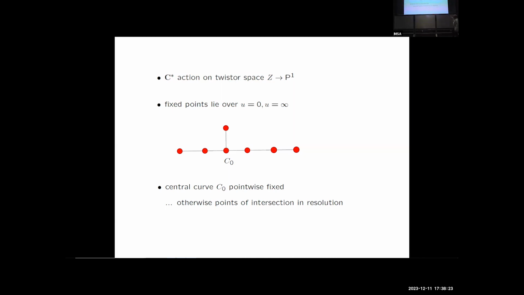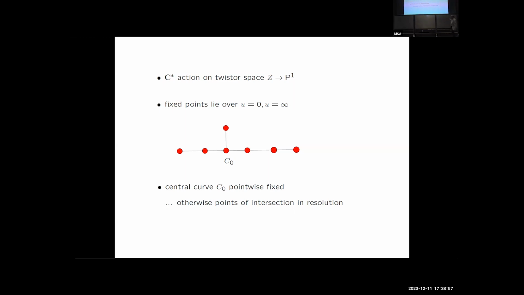But in particular, this central curve, this trivalent vertex here, well, you can't have a C star action on P1 which has 3 fixed points, unless it fixes every point. Right? So that curve C0 is actually pointwise fixed. The action on the other curves, they fix just a pair of points which correspond to the points of intersection with P1.